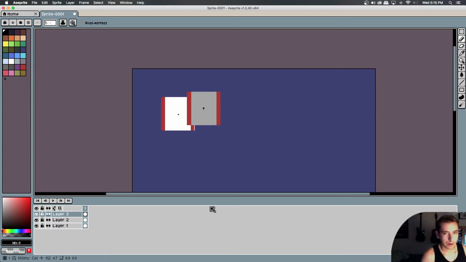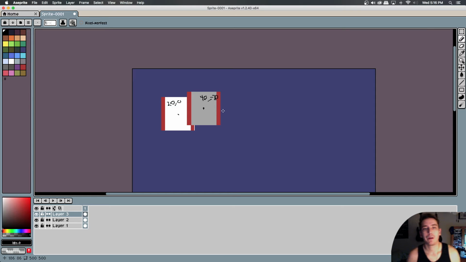vulture or enemy. And if we graph this out, if this point is at 20 on the X and 0 on the Y, this one is higher, so it would be like 40 on the X, and actually it would be like negative 20 or whatever on the Y, because it's higher.